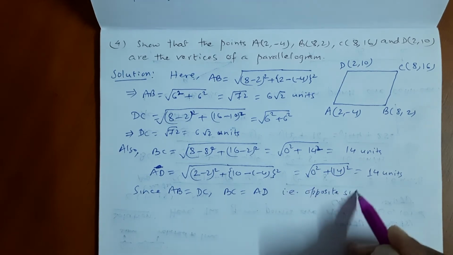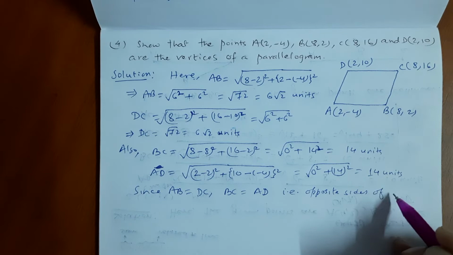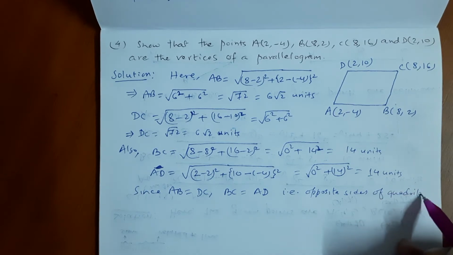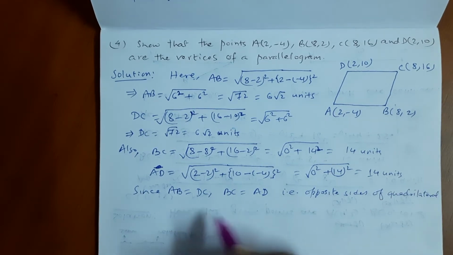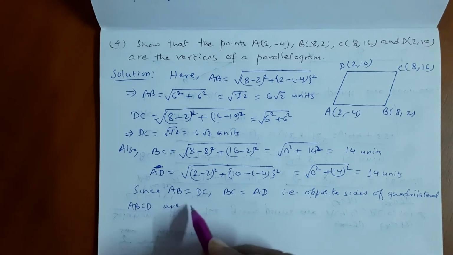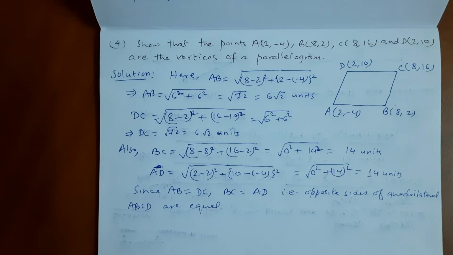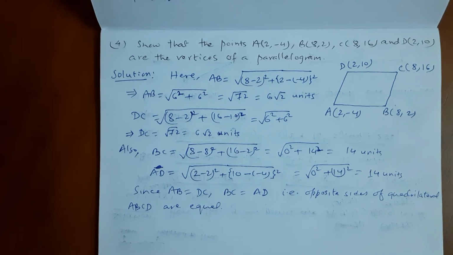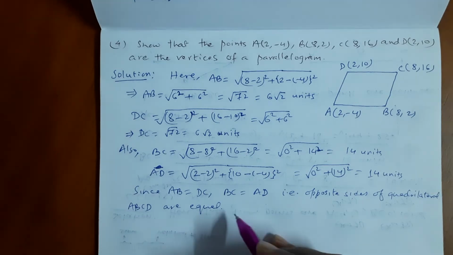opposite sides of quadrilateral ABCD are equal. The quadrilateral having opposite sides equal is known as a parallelogram.